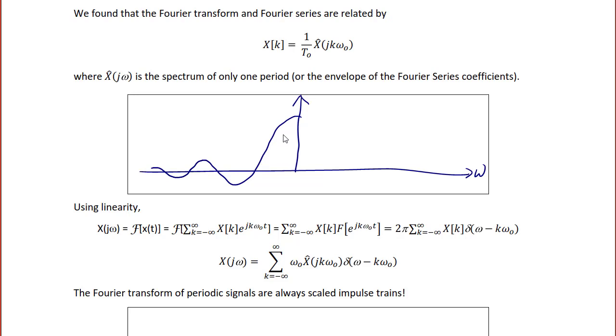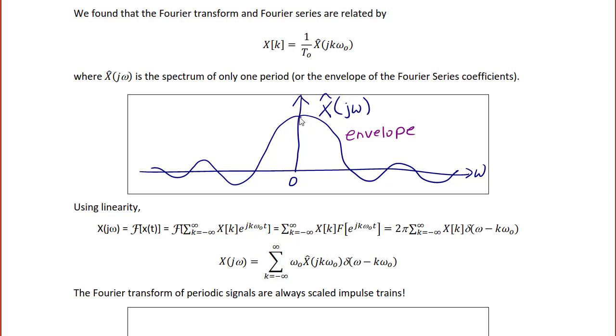And since this is the Fourier transform of one period, it will also be the envelope of the Fourier series coefficients. So that line is x̂(jω). And this is called the envelope of the Fourier series coefficients.